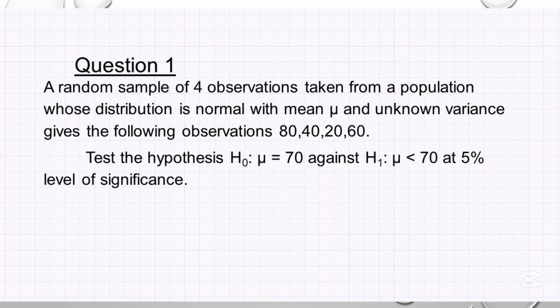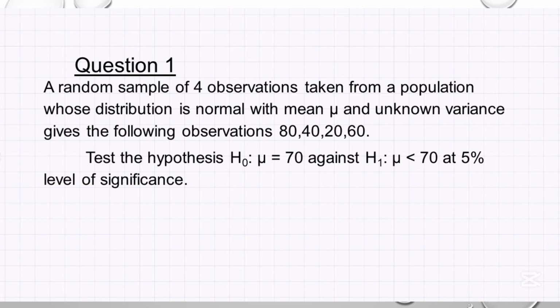Test the hypothesis when the null hypothesis for your population mean is equal to 70 against the alternative hypothesis of when your population mean is less than 70 at 5% level of significance. Now, from our question, we can see that we're given a sample of 4 observations. The null hypothesis and the alternative hypothesis have been written down for us already, so we don't need to interpret that.